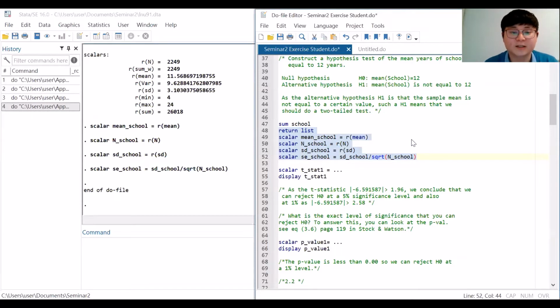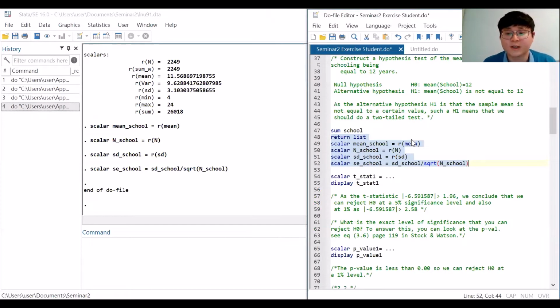So you can see that by this process, we successfully store the value of mean, which is 11.56, in mean score, the number of observations, which is 2,249, in N score, and also the value of SD, which is 3.1, in SD score.